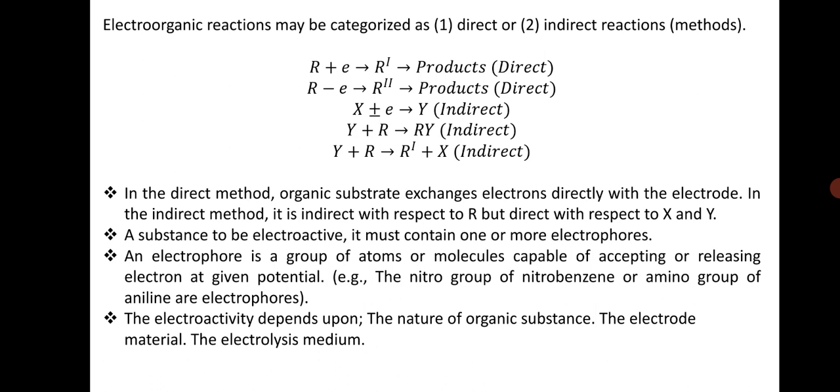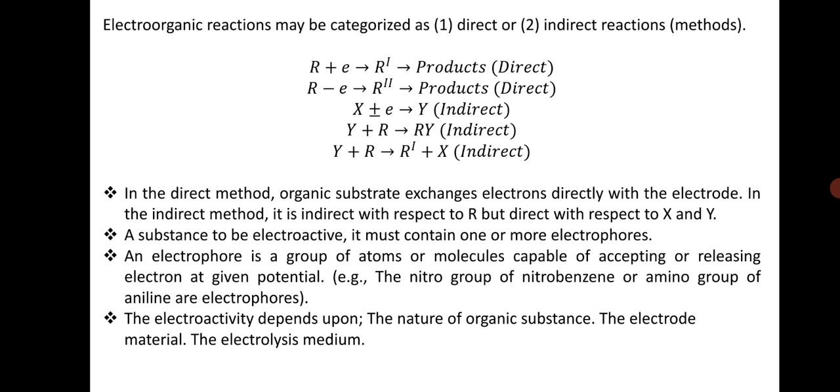So it is indirect with respect to the substrate but direct with respect to the other species like X and Y. Here, the other species X may gain or lose an electron to form another species Y, which is direct. Y then reacts with the actual substrate R, which is indirect with respect to R, and then Y plus R forms R dash plus X, which is also an indirect reaction.